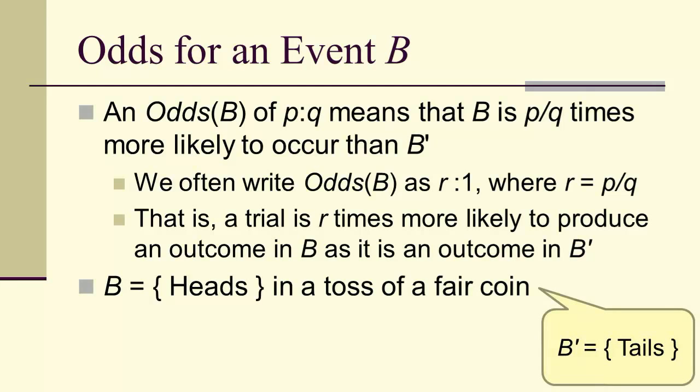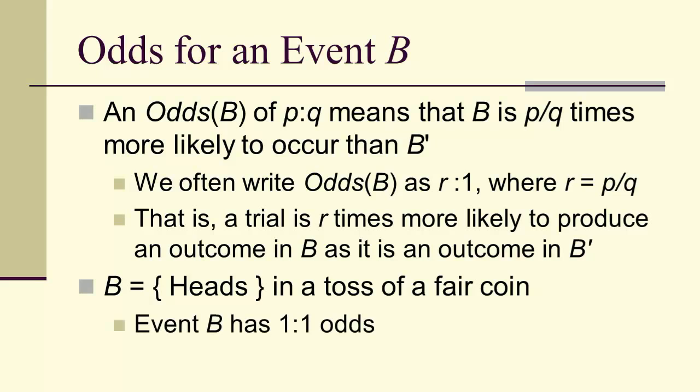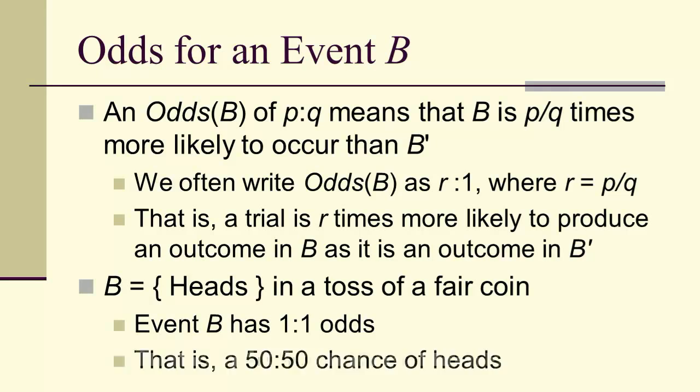B prime would be tails if B is heads. And if it's fair, then B has 1 to 1 odds. A lot of times we say, well, that's a 50-50 chance. And notice those are the same odds, because 50 over 50 is the same as 1, which is the same odds-wise as 1 to 1.